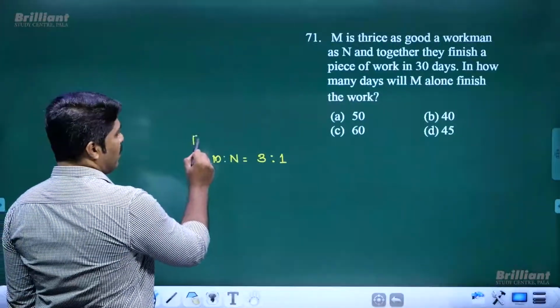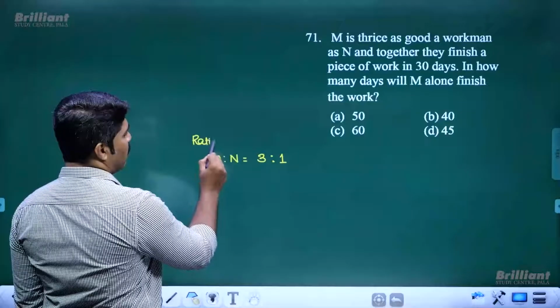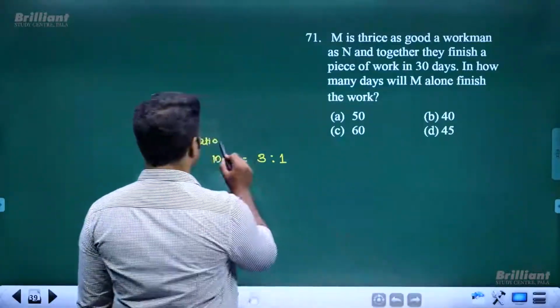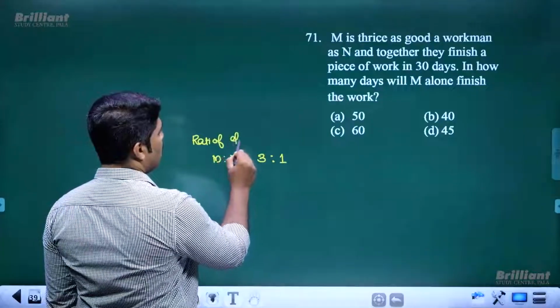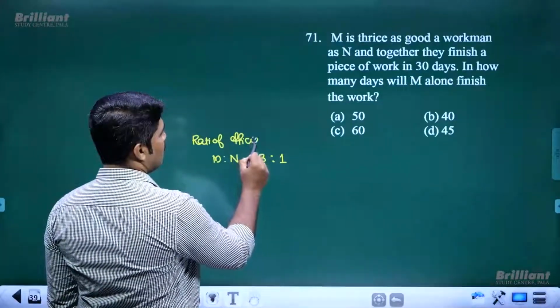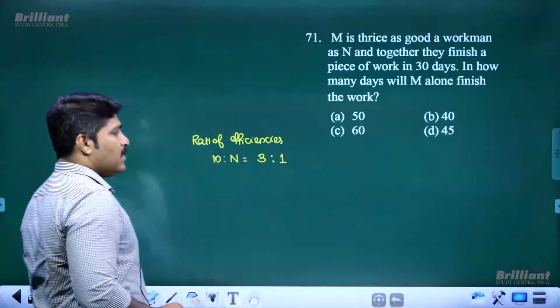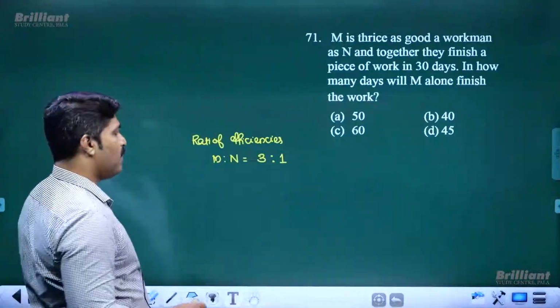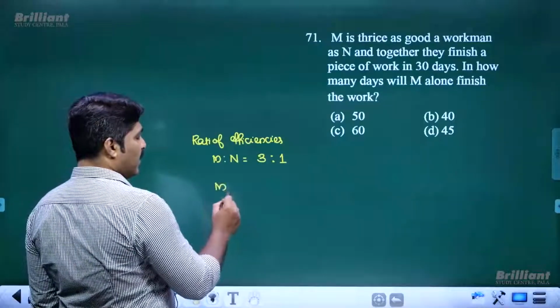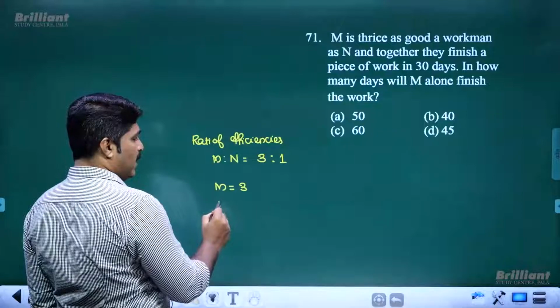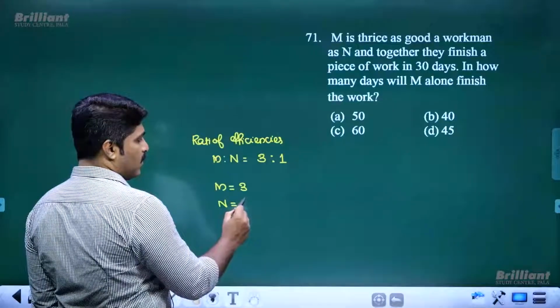This is nothing but the ratio of their efficiencies. Got it? In such a situation, if it is the ratio of their efficiencies, we simply consider the efficiency of M equal to 3 and the efficiency of N equal to 1.